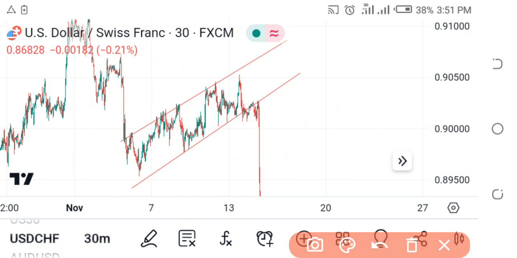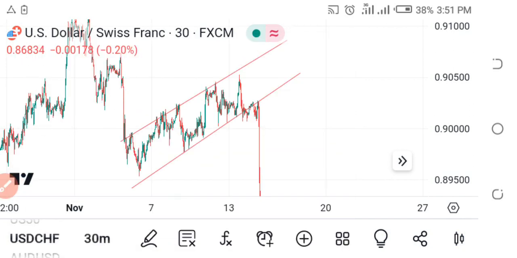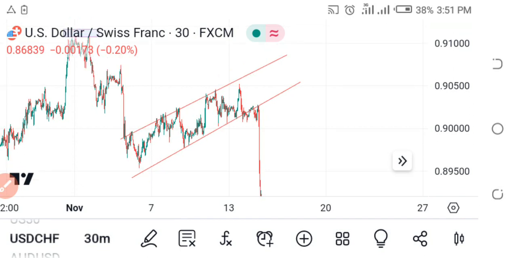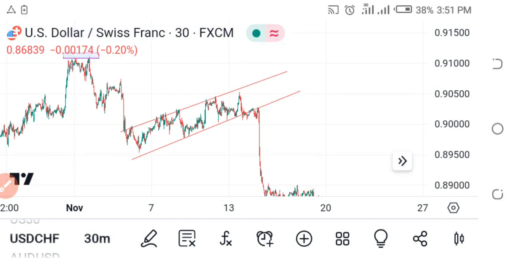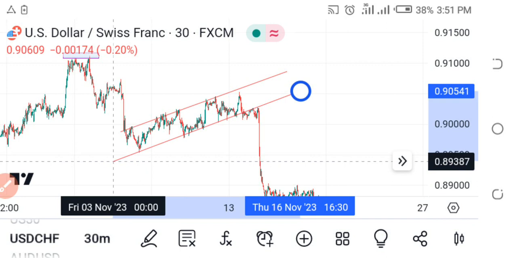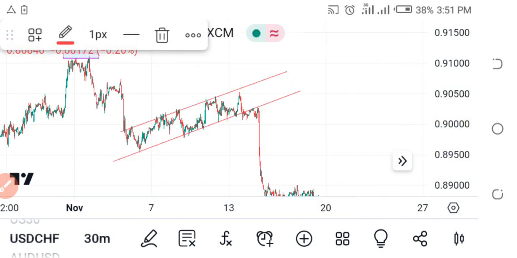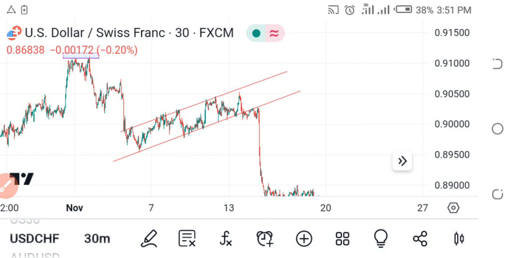But this is the only thing I can tell you about this: when you do your analysis from the 4 hours, you have better chances of making good profit. Because why? When you come down to the lower time frame, like the 30 minutes, all you have to do is to confirm what the market is doing in the higher time frame, the 4 hours.